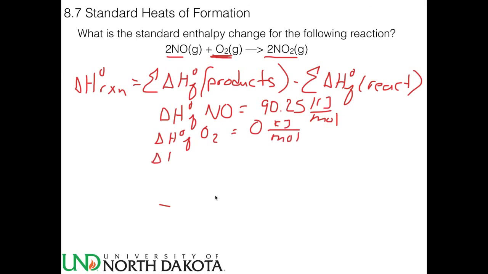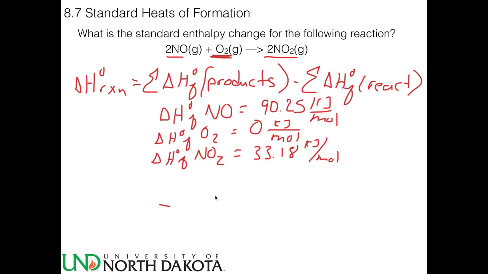And the delta H naught sub F for NO2 from the table is 33.18 kilojoules per mole. Now we need to find the sum of the enthalpies of formation of the products and subtract from that the sum of the enthalpies of formation of the reactants.